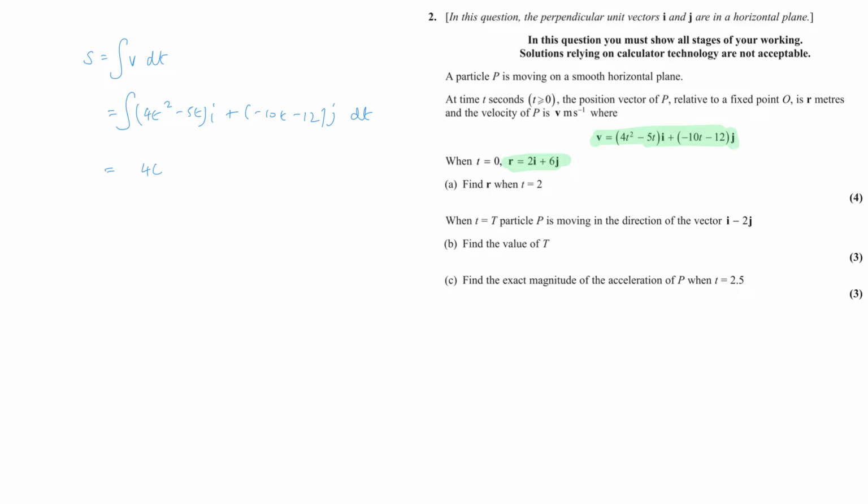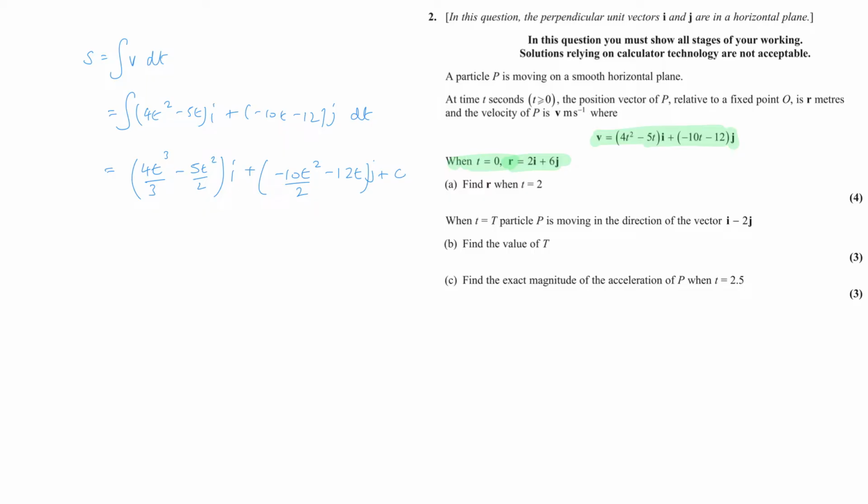So that is 4t cubed over 3 minus 5t squared over 2 I plus minus 10t squared over 2 minus 12t j plus c. Now we know this, so we can substitute that in when t equals 0, r equals 2i plus 6j.